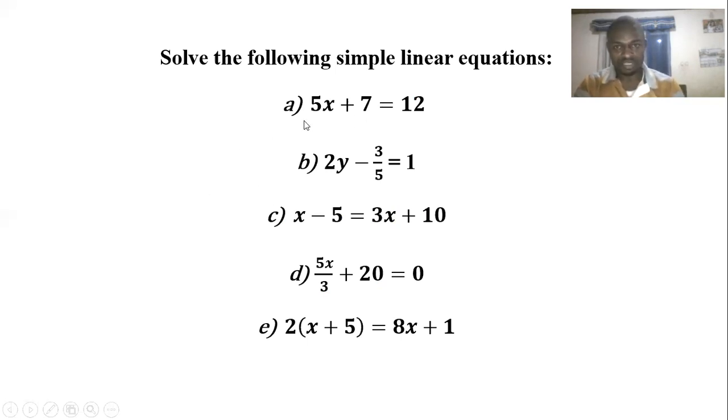Solve the following simple linear equations. 5x plus 7 is equal to 12. 2y minus 3 over 5 is equal to 1. X minus 5 is equal to 3x plus 10. 5x over 3 plus 20 is equal to 0. 2 into x plus 5 is equal to 8x plus 1.